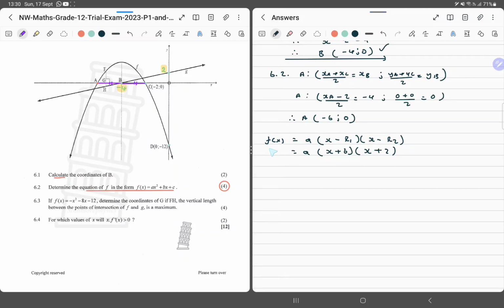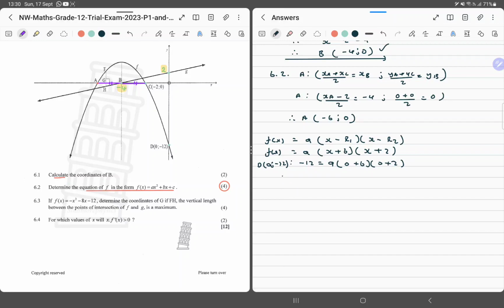Can you see? And then after this, we know that point D also lies on the graph, and that's what we need. We substitute there, it's going to be minus 12 equals A into 0 plus 6 into 0 plus 2.